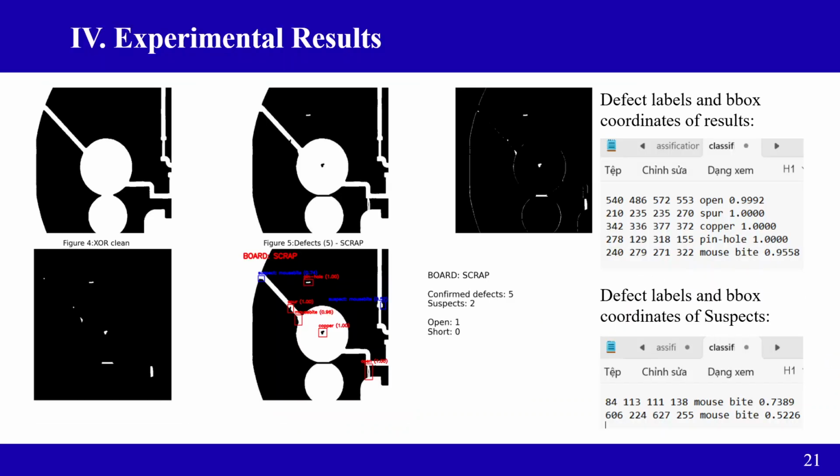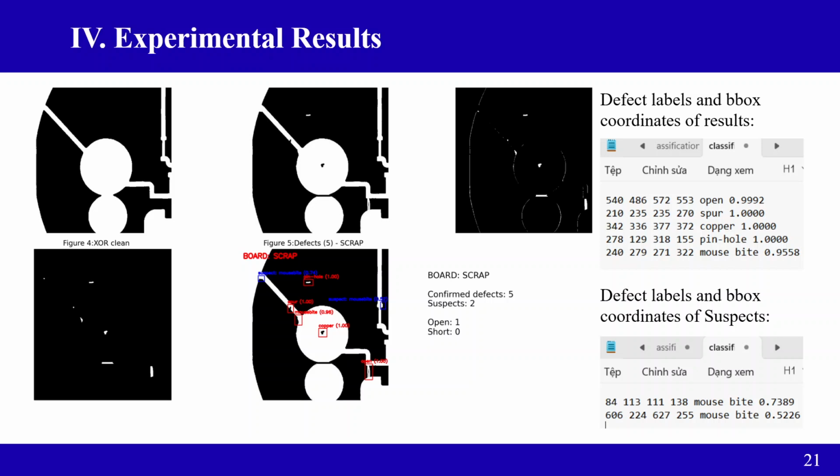This slide shows another scrap case, with both confirmed defects and suspect regions. The blue box indicates a suspect defect with lower confidence. Also, some regions are only suspect, but the presence of a confirmed open defect is sufficient to reject the board.